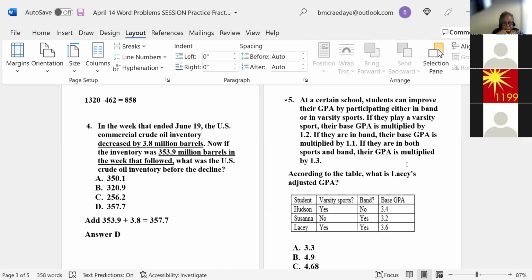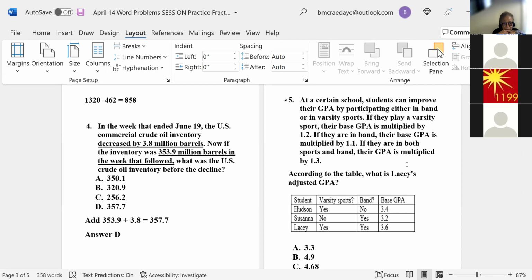At a certain school, students can improve their GPA by participating either in bands or in varsity sports. If they play in varsity sports, their base GPA is multiplied by 1.2.